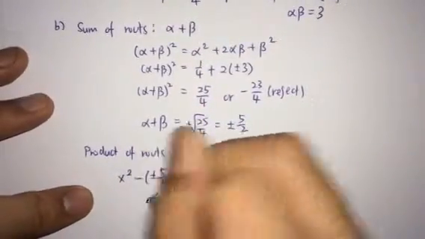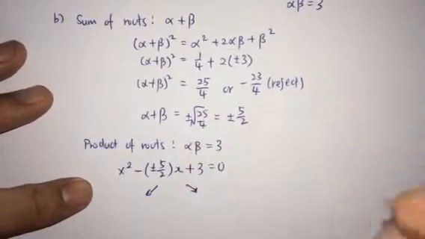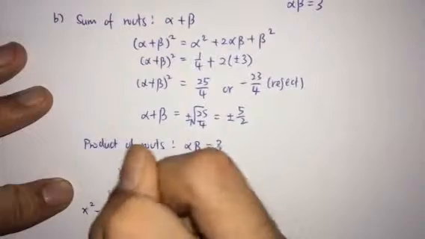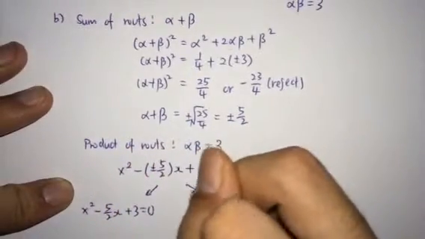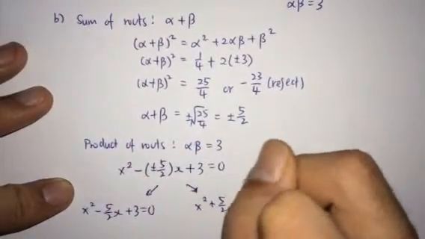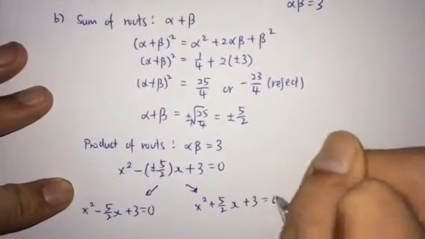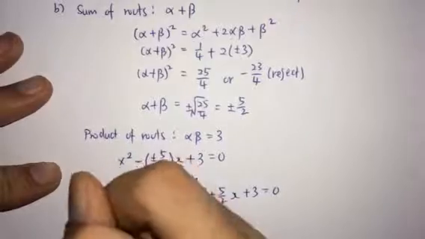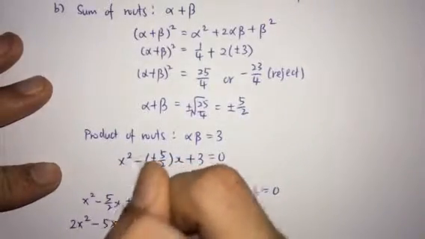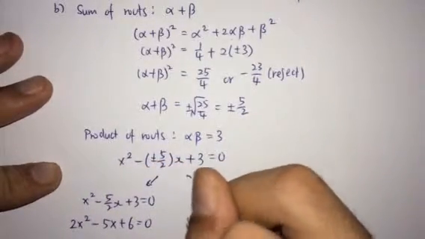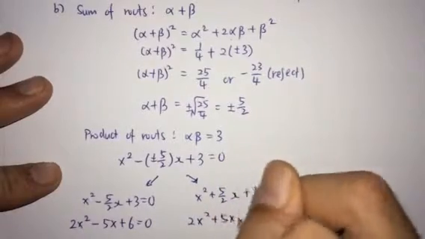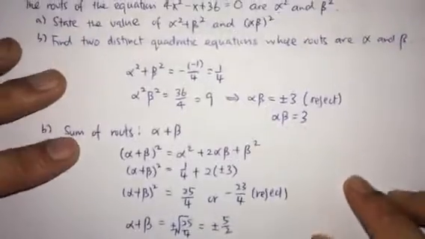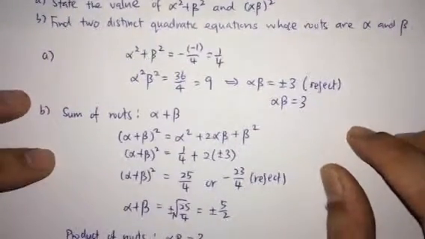This ends up having two distinct equations: x squared minus 5 over 2 x plus 3 equals 0, or x squared plus 5 over 2 x plus 3 equals 0. Multiplying everything by 2, we will have 2x squared minus 5x plus 6 equals 0, and 2x squared plus 5x plus 6 equals 0. So this solves the question in part B.